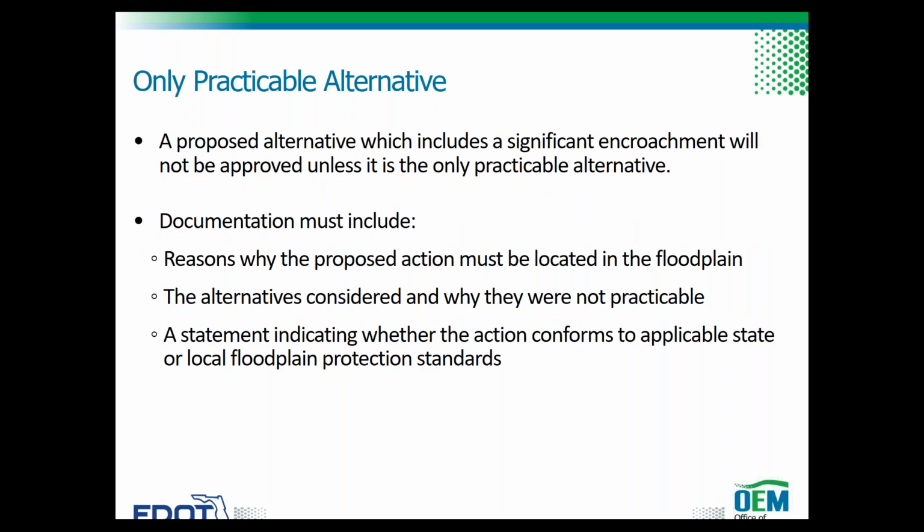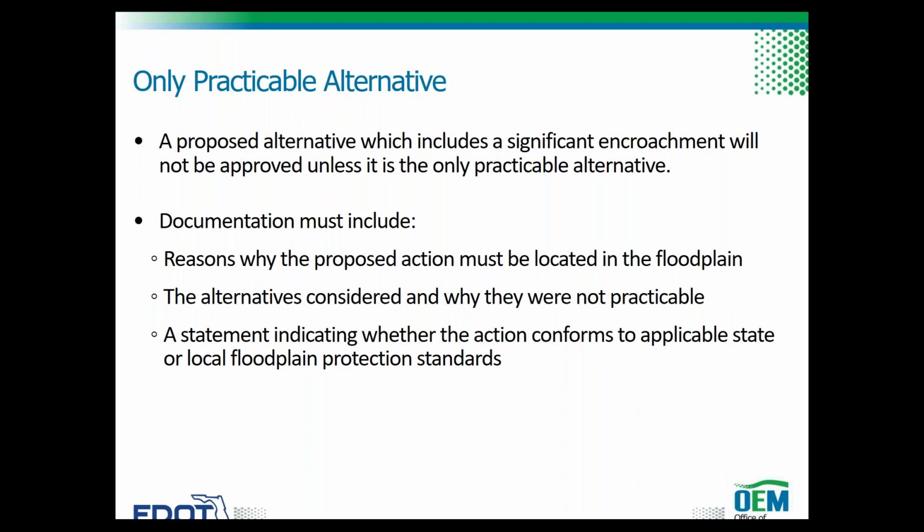Pursuant to Title 23 of the Code of Federal Regulations, Section 650.113, a proposed alternative which includes a significant encroachment will not be approved unless it is the only practicable alternative. The finding of the only practicable alternative must be approved by FHWA. To obtain the finding, the district must provide the recommendation and supporting information to the district's FHWA transportation engineer and a copy to OEM.